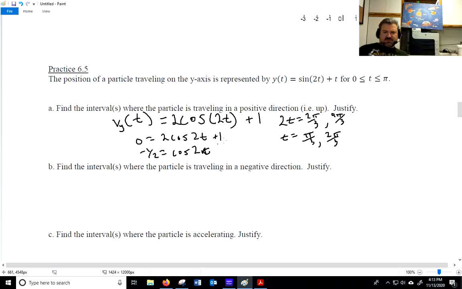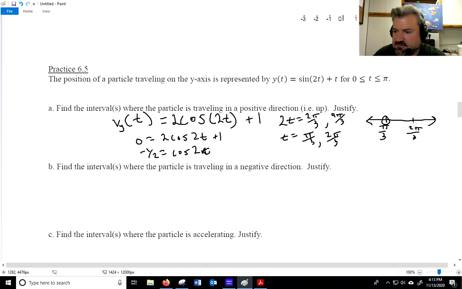Okay. Now we need to put that on a number line. I may not have given us quite enough room, but that's okay, we can make it work. So pi over 3 and 2 pi over 3, and our interval is 0 to pi.